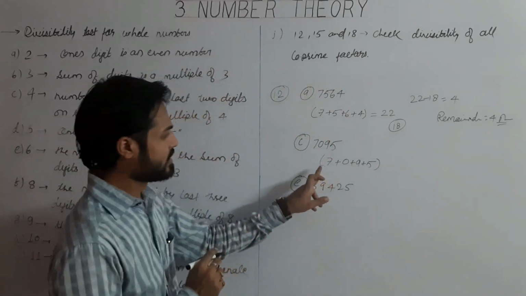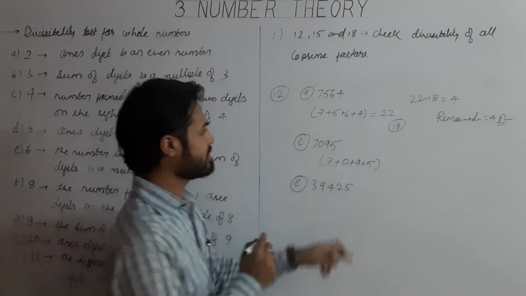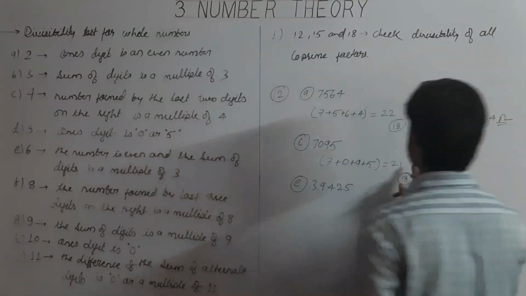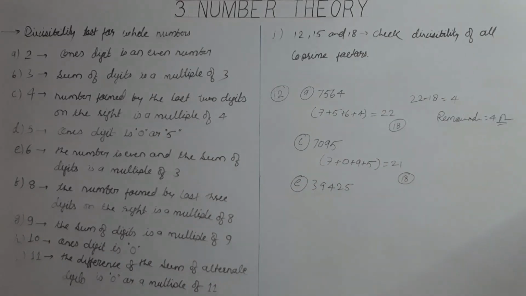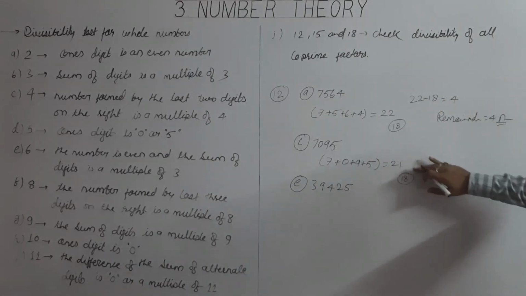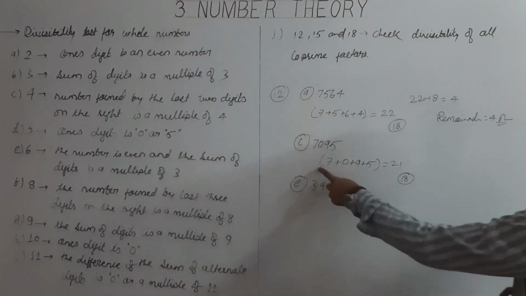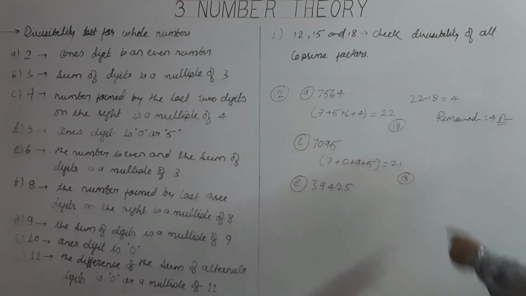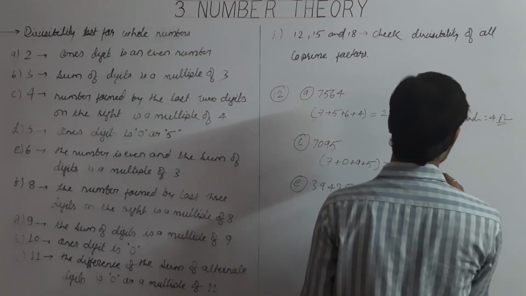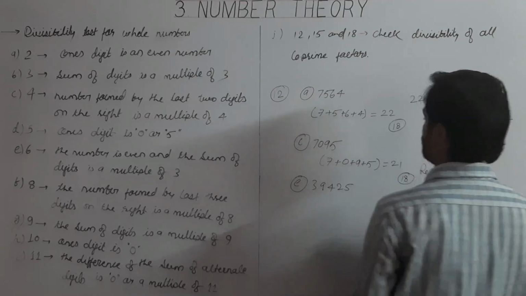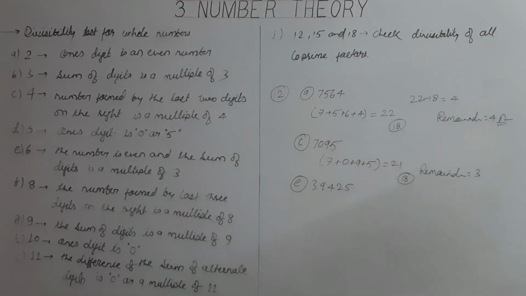Total is 7 plus 5, 12, 12 plus 9, 21. So after 18 the difference is 3, and that difference between total and least multiple is also the remainder. So if you divide this number by 9, you will get a remainder of 3.